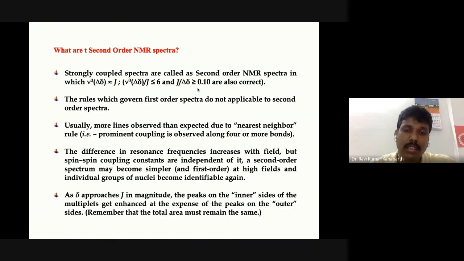You take any molecule and do the NMR spectrum, and if the spectrometer is good and it is a first order spectrum, the areas under the peaks are directly proportional to the number of protons. So you can just add together.